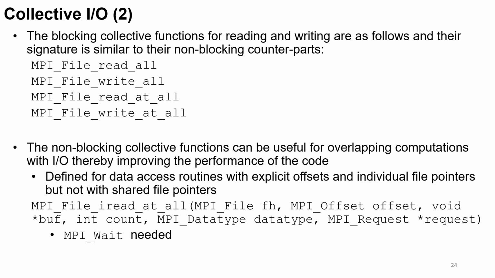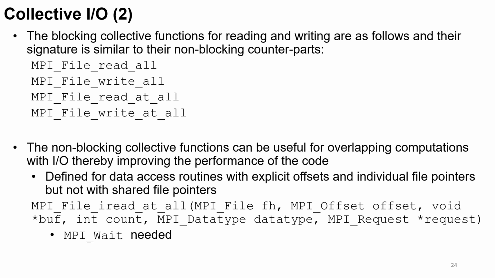But the rest of the parameters that this function uses, like I said, are similar for both blocking and non-blocking function calls. These non-blocking collective functions can be useful for overlapping computations with I/O, and this is another critical strategy for improving the performance of the code.